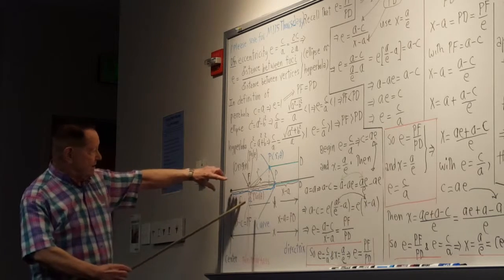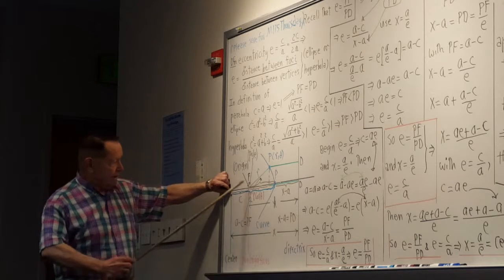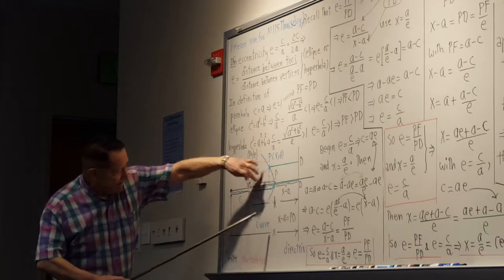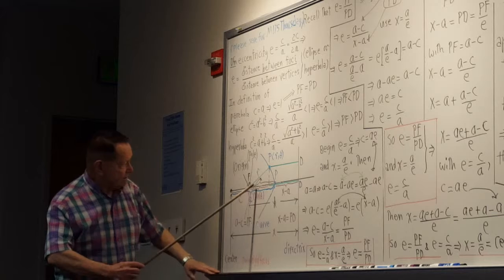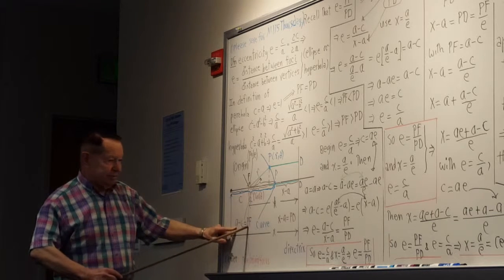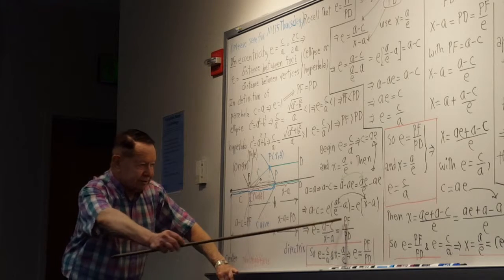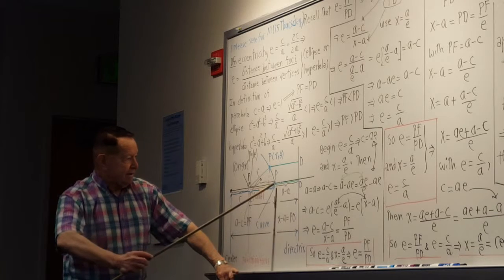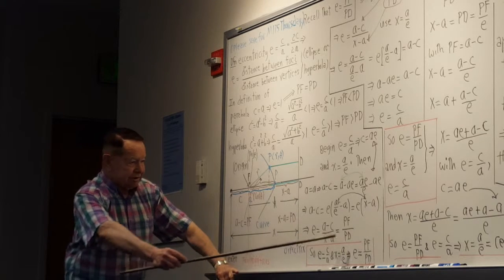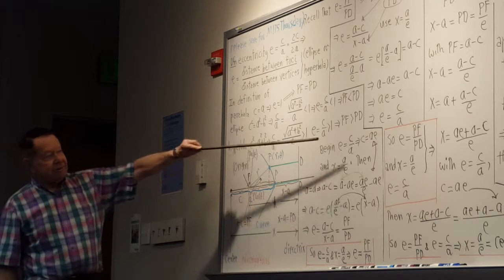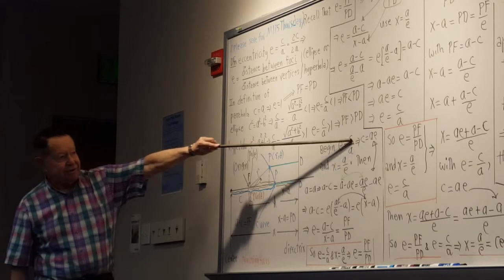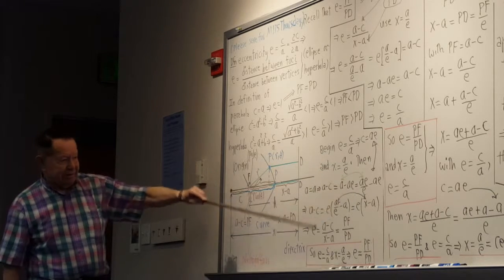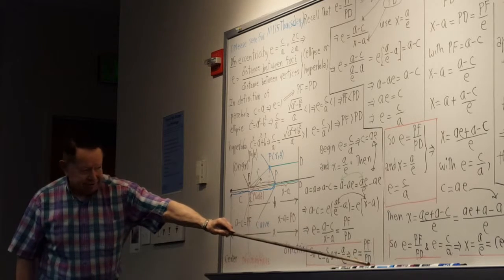Okay, but a minus c, see, a is from here to there, and c is from here to there, so a minus c is this distance in here in brown, which is PF. So this numerator is PF, and the x minus a is this distance in brown, which is PD. So starting with this definition and this relationship and doing some algebra proves this relationship.